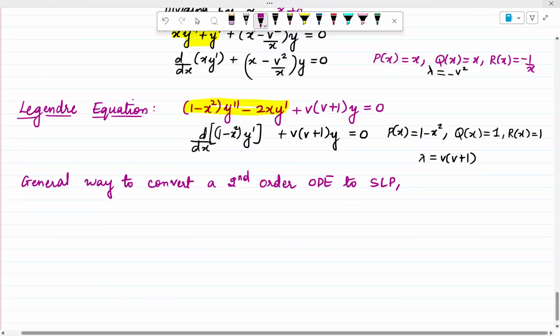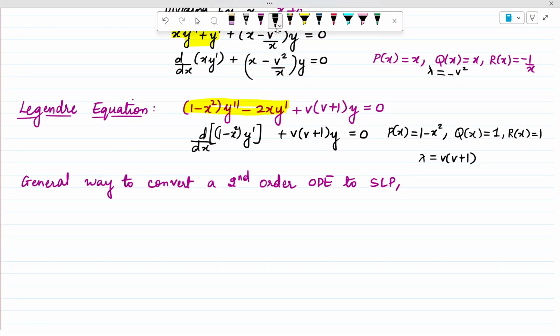Let's assume the second order ODE a naught of x, y double dash, plus a1 of x, y dash, plus a2 of x, y equal to 0. For this to be second order, a naught of x should not be equal to 0.